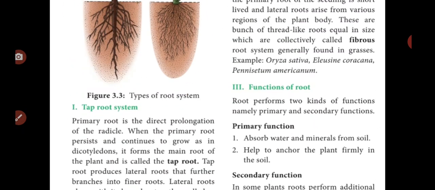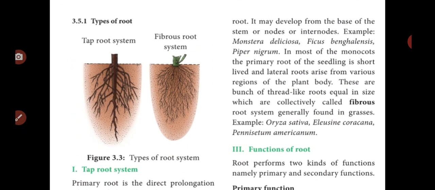In monocots, the root of the seedling is short-lived. Only the lateral roots develop, from various regions of the plant body.